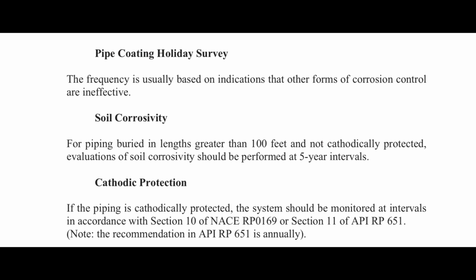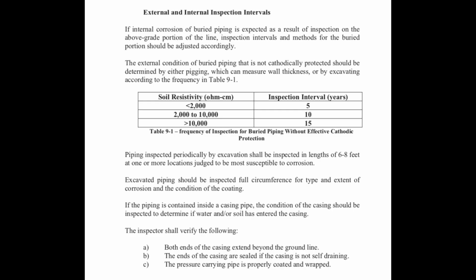Cathodic protection. If the piping is cathodically protected, the system should be monitored at intervals in accordance with Section 10 of NACE Recommended Practice 169 or Section 2 of API Recommended Practice 651. External and internal inspection intervals of buried piping.